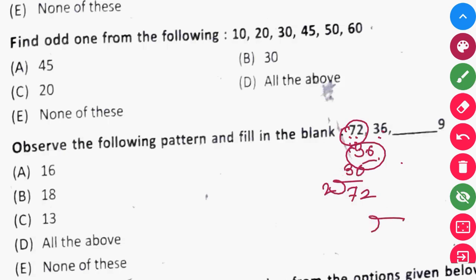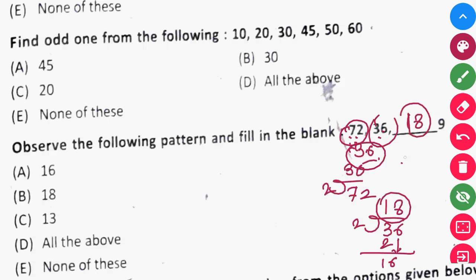So if we halve 36, what do we get? 2 1s are 2, 1 will be the remainder, 6 will come down, 2 8s are 16, so we get 18. If 18 is our answer, is 9 half of 18? Yes, if we divide 18 by 2, we get 9.